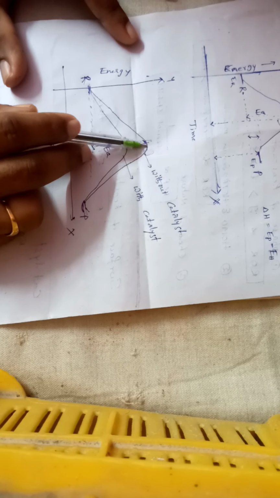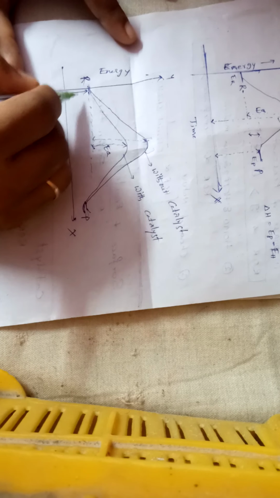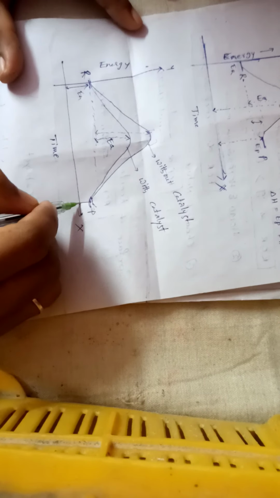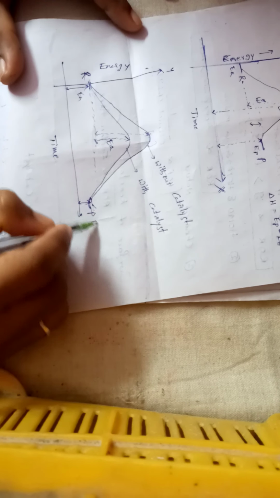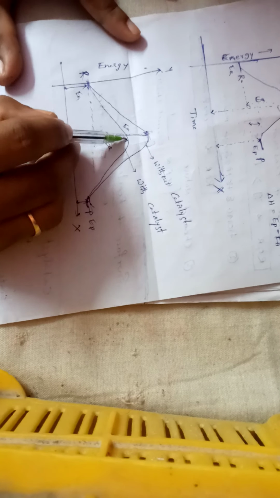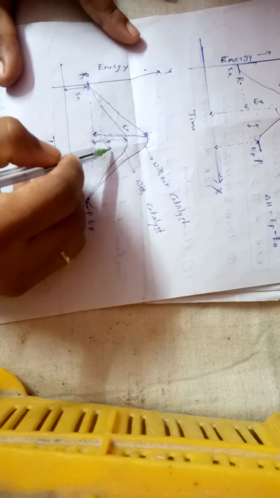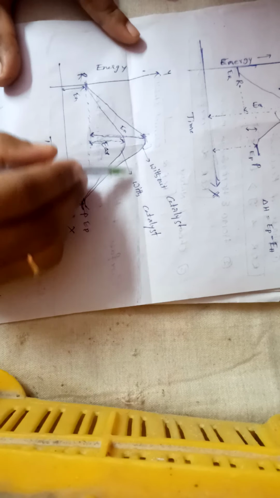This is the reactant energy ER. Here this is the product energy EP. And this is the activation energy without catalyst, from the reactant level to the activation complex level. Here, by using a catalyst, the activation energy decreases, so this is the activation energy with catalyst.